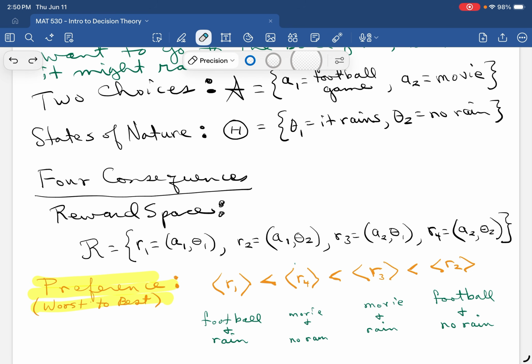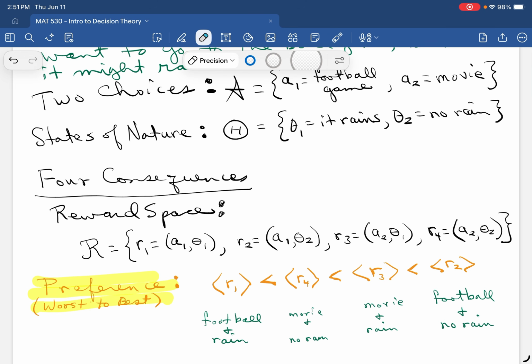R2 is the situation where we go to the football game and it does not rain. I think if you look at that list of preferences, you will agree that R1 is the worst. If we go to the football game and we get rained out, that's going to be like the worst situation. If we go to the football game and it does not rain, then that's the best situation. So then the question is, what about these other two?